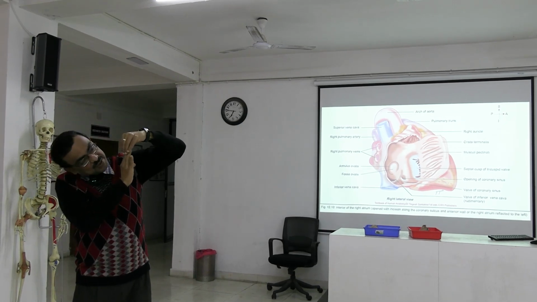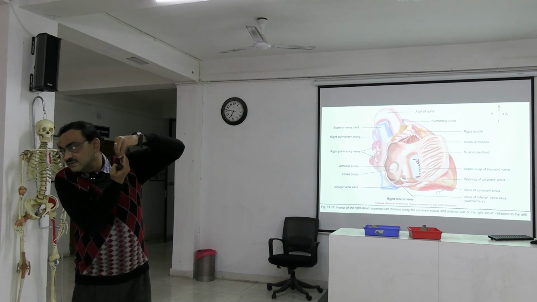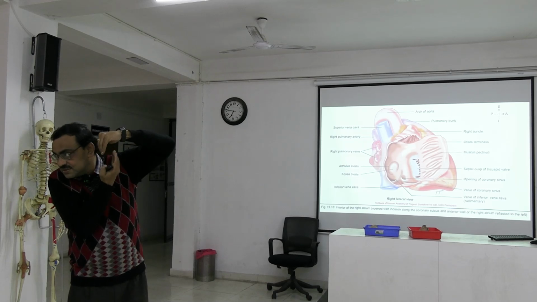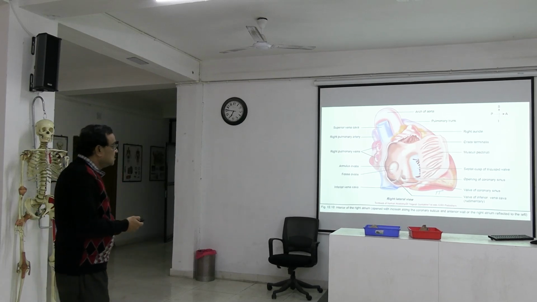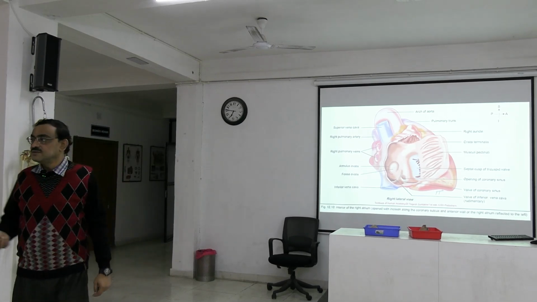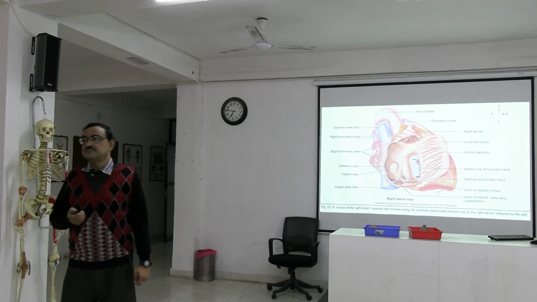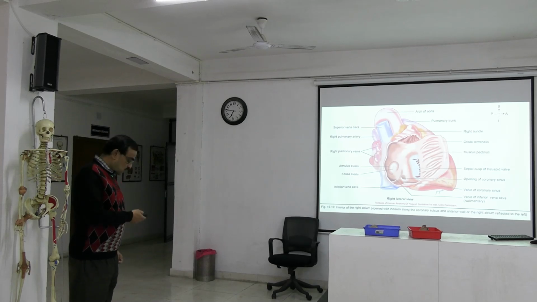When we look from the right side, this forms a depression. This is the fossa ovalis, from the septum primum, and this is the limbus fossa ovalis, from the septum secundum. Your Subramanya sir will tell you in detail during the development of the cardiovascular system.